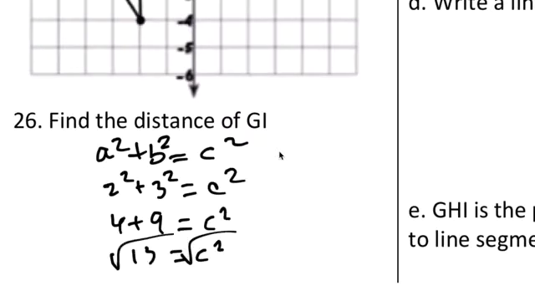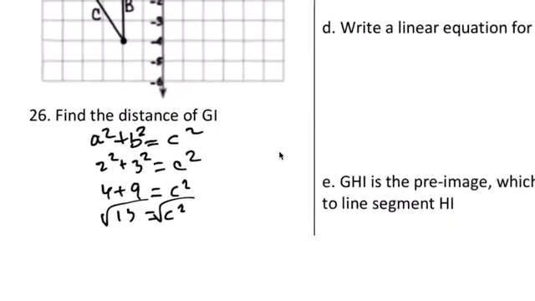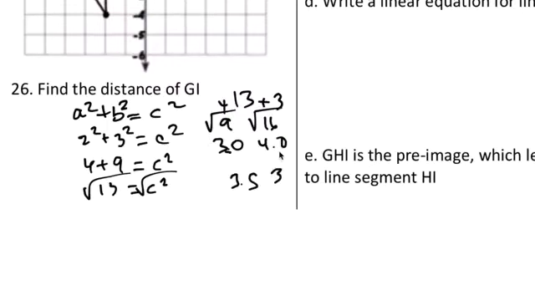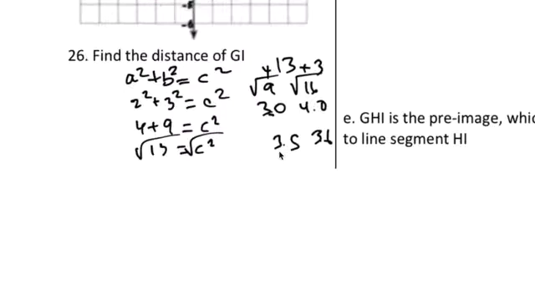Take the square root. Square root of 13, no calculators, is between 9 and 16. So it's between 3.0 and 4.0, so it's 3.5 or 3.6. I'm going to try 3.6.